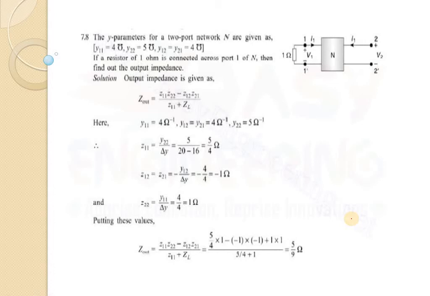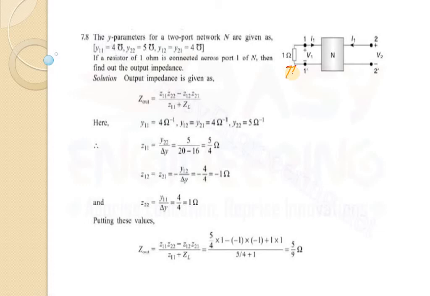All these are mho, not ohm. This will be only mho because these are Y parameters, these are admittances. If a resistor of 1 ohm is connected across port 1, here, this is port 1 and 1 ohm resistance is connected here, then find the output impedance.